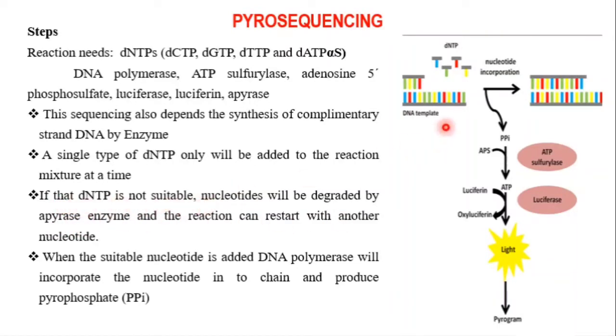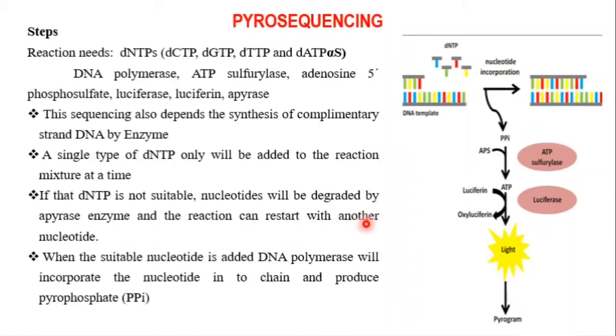If that nucleotide is not complementary to this, then it will not be incorporated here. That unincorporated nucleotide will be degraded by the apyrase enzyme, and the reaction can restart with another nucleotide.